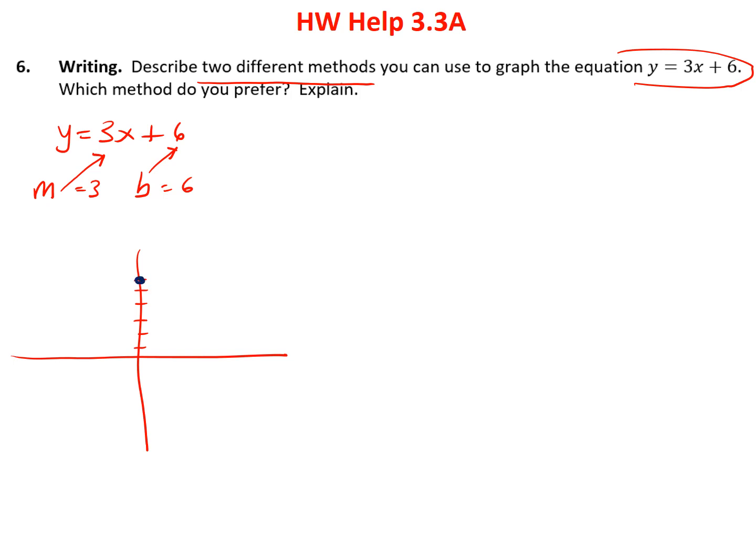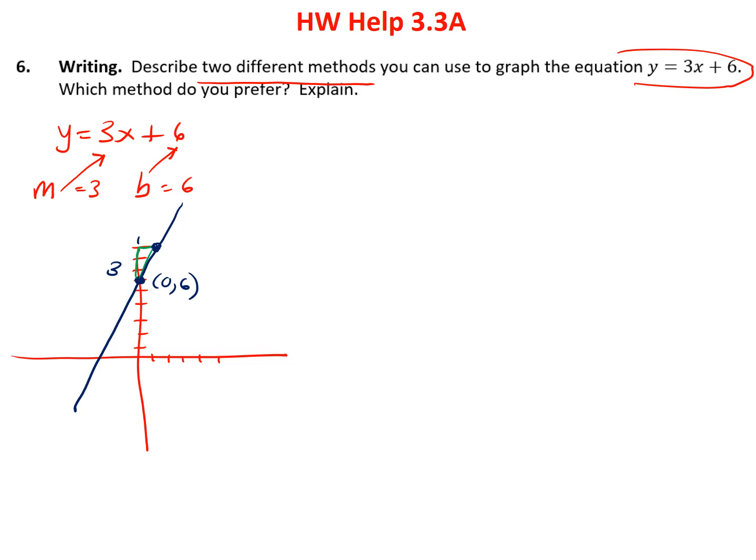And then my slope is 3, so I could go up 1, 2, 3 and over 1, put my next point here, and then I could draw my line. So using the slope of 3 over 1 and using b as my point, my y-intercept here, which is (0, 6), I can go up 3 over 1 and get another point.